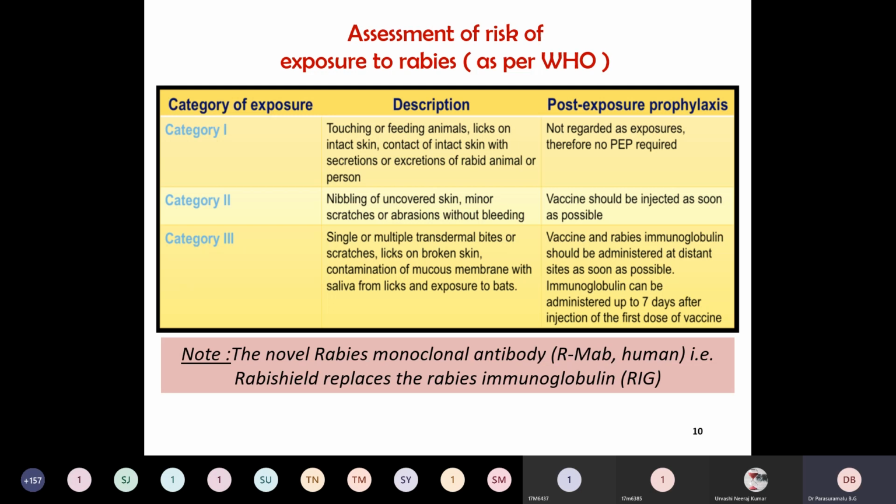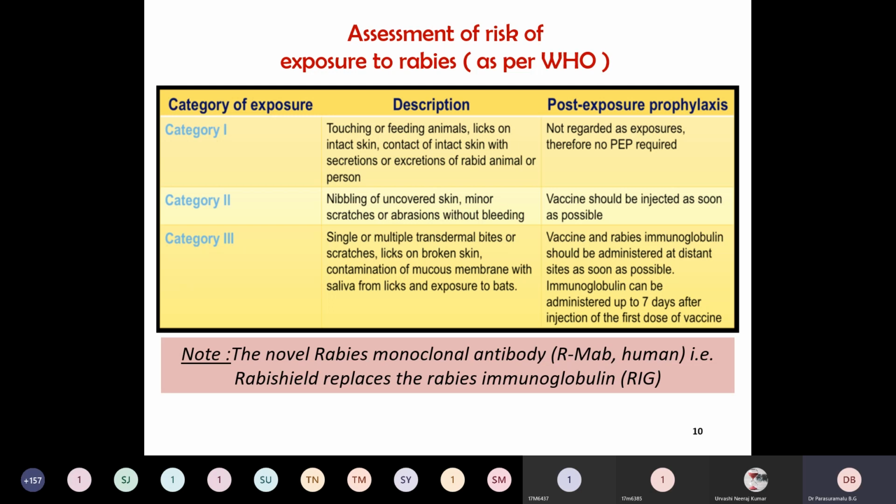That means if the person has already taken the complete course of vaccine during the previous animal bite, if he is exposed to the animal bite again, irrespective of the duration between the previous vaccination and the present bite, we can give only 2 doses of anti-rabies vaccine, that is on day 0 and day 3, that's all.